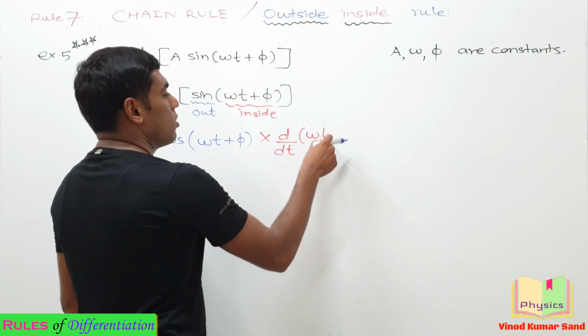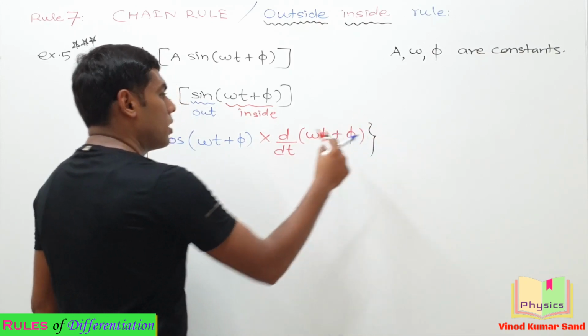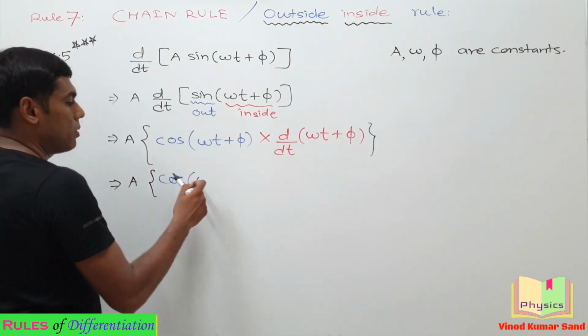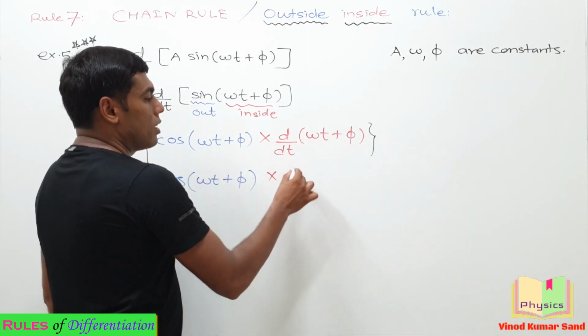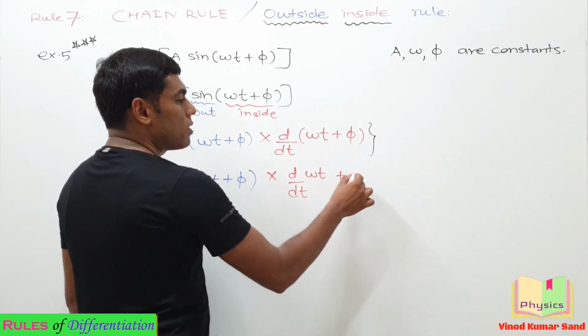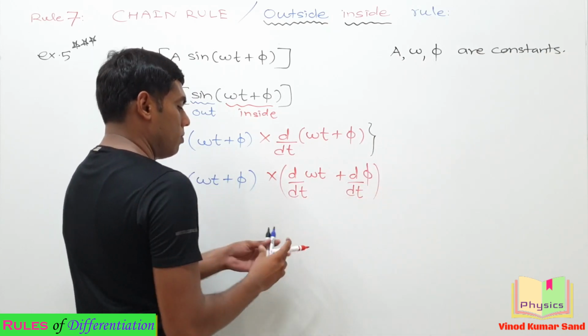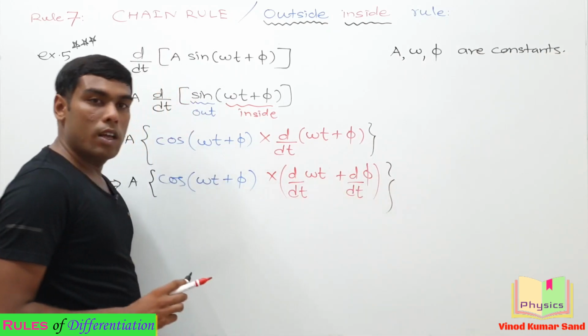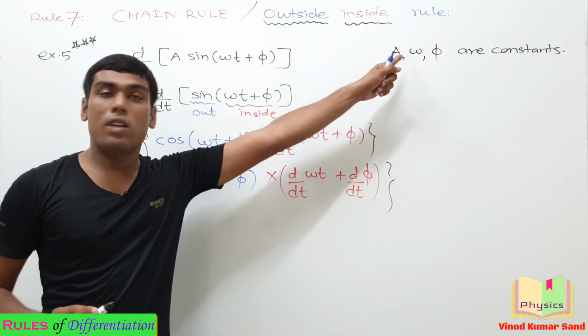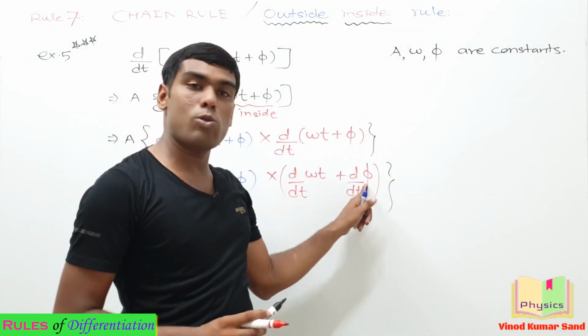Inside function is omega t plus phi. Is it okay for everyone up to here? This can be written as d by dt of omega t plus d by dt of phi. Do you agree? And here omega is a constant term. It's given in the language of the question, as well as phi is also a constant term.